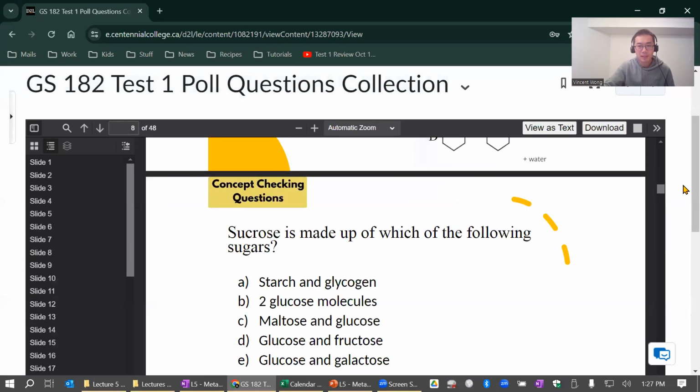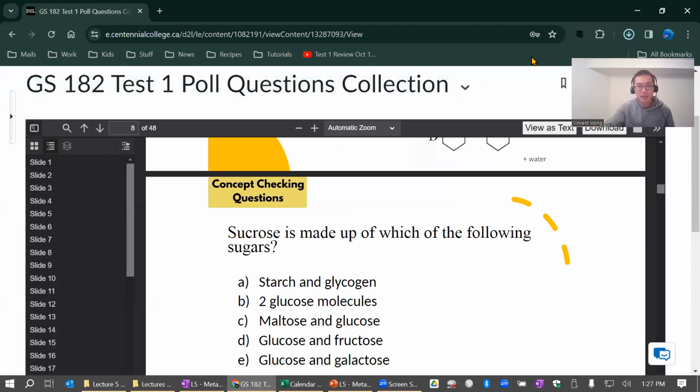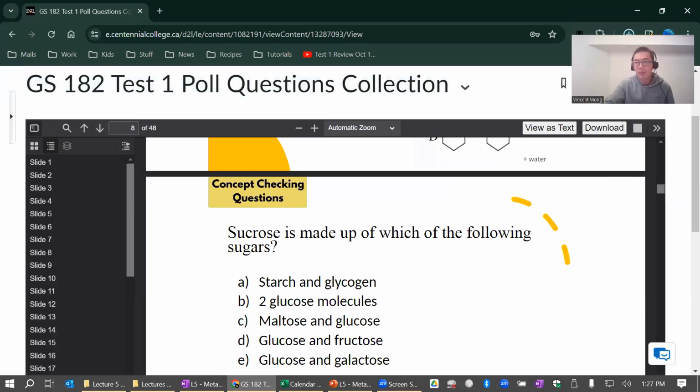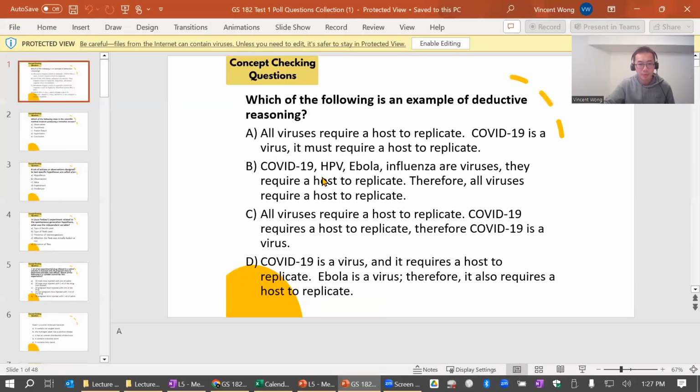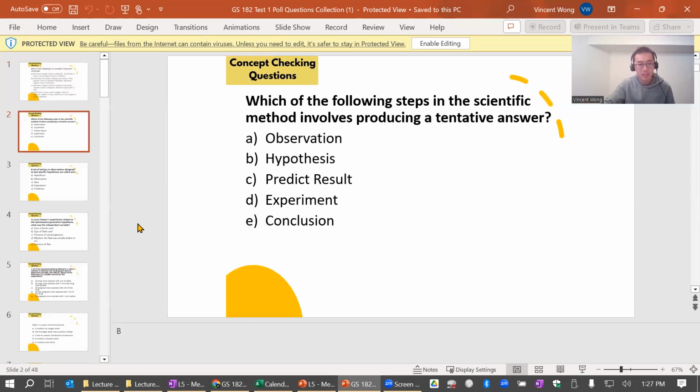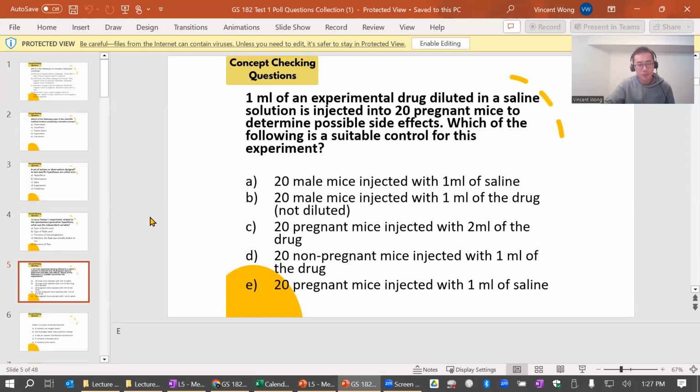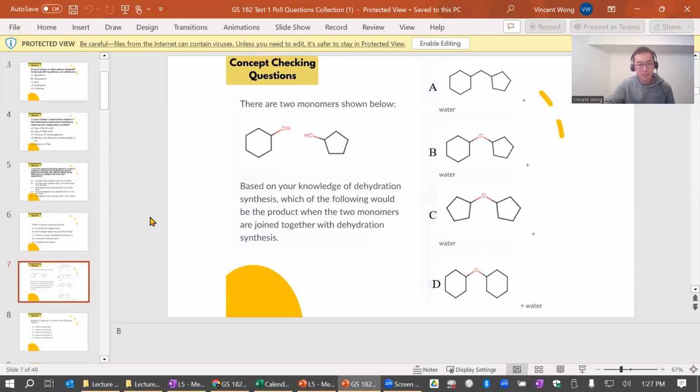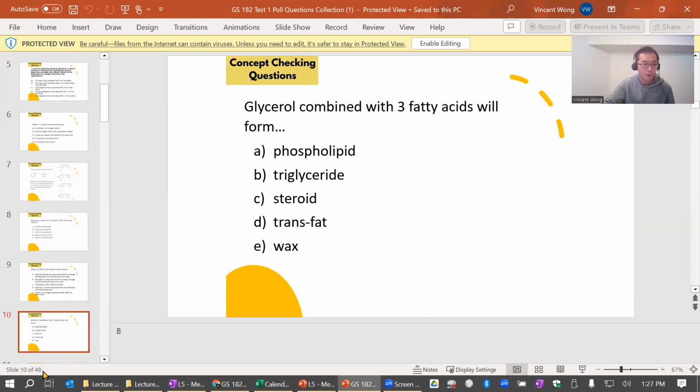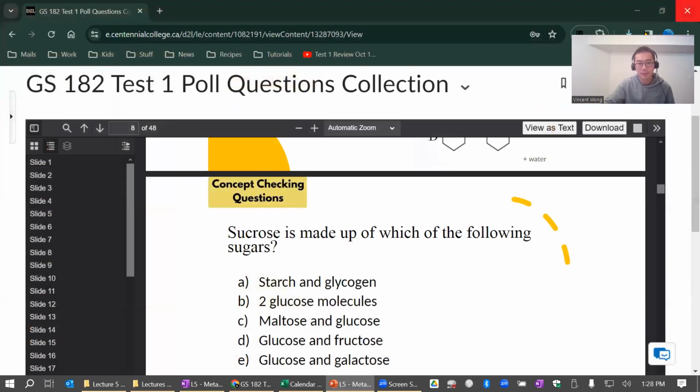If you download it onto your computer, the answer is at the bottom. It's not on the slide. You have to download it to see it. The answer for each of them is in the notes section. As you know, some of these questions show up on the test, so you can go through all of them. There's like 40 questions. It's good practice.